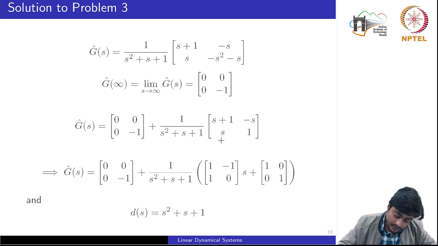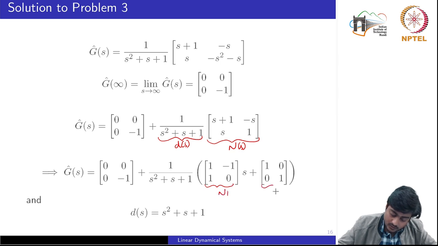So you can see this as N of s, and this part in the denominator is d of s. Now this is a function of s, and the maximum power here is s to the power 1. So first of all we will represent this constant matrix, which is N1, and this one is N2, as N1 s plus N2.